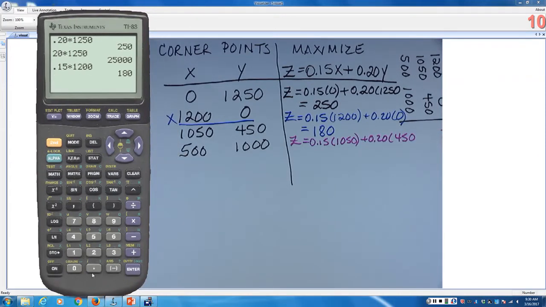So 0.15 times 1050 plus 0.20 times 450 is $247.50.